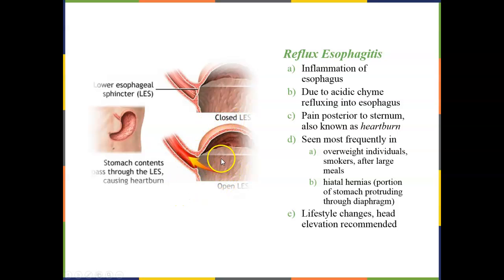Other people will use milk or something that is more alkaline, which also can help. Elevating your head, so not laying flat, will help. And then, of course, eating smaller meals, lowering your weight, and stopping smoking if that's why you're having heartburn would be other treatments.